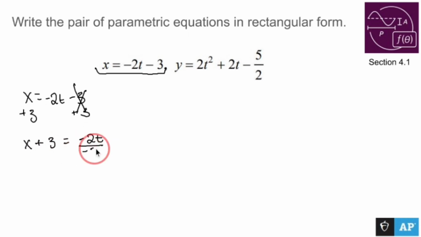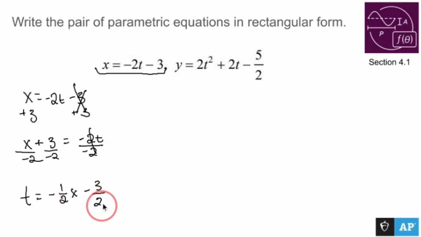Divide everything by -2. And now t, and I'll write this out a little bit prettier, is going to be -1/2 x minus 3 over 2. So to make it rectangular, I'm going to replace every t with that guy right there. So a little bit of foiling is going to happen, but that's all right. We have fun here.